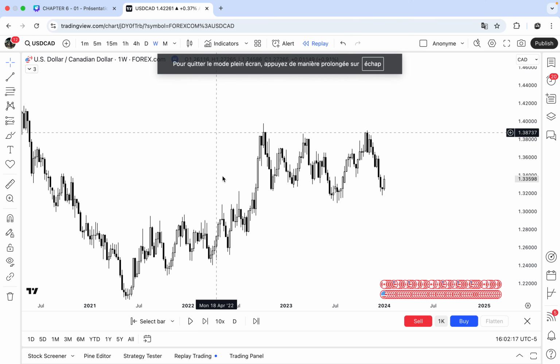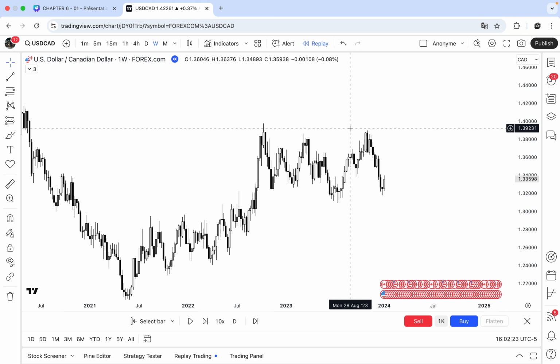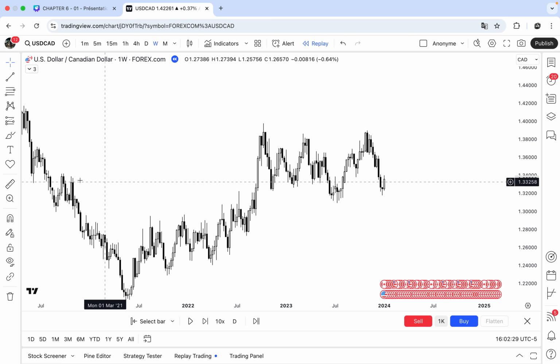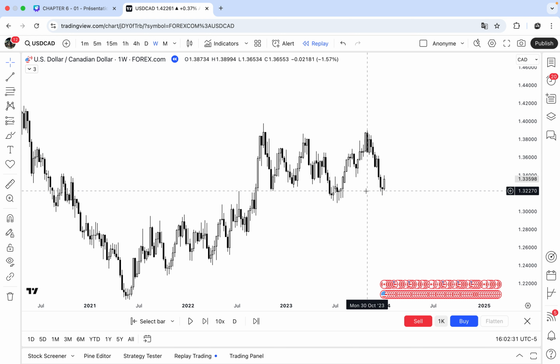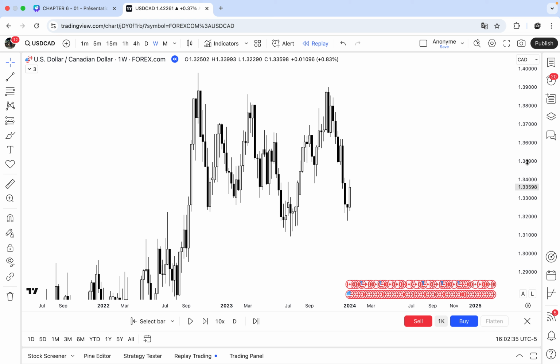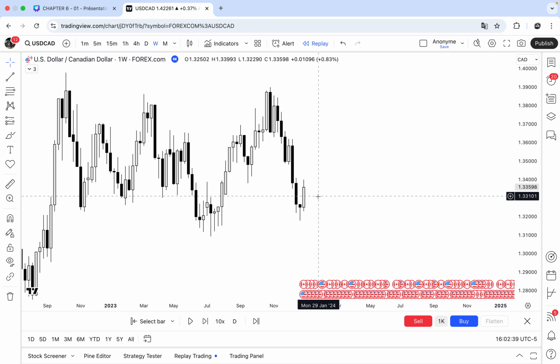I will show you an example so you can truly understand. So, in this case, we are on USD CAD. This is not a pair I'm trading, by the way. This applies to every pair and every time frame. This is step by step what you want to look for.